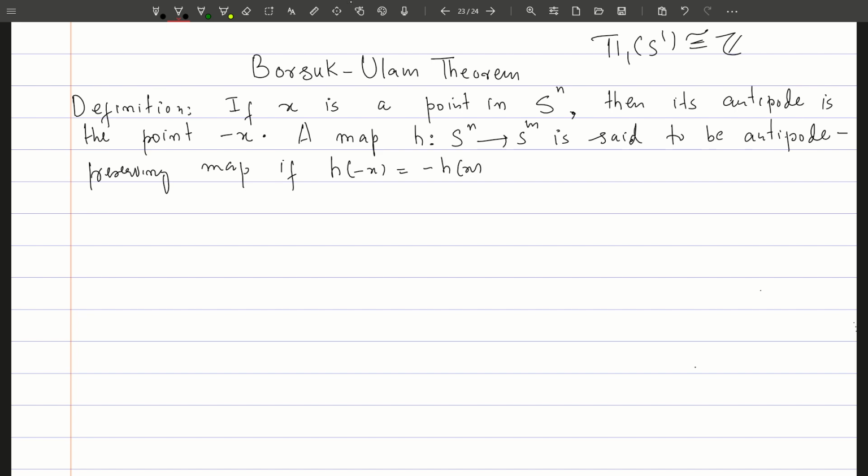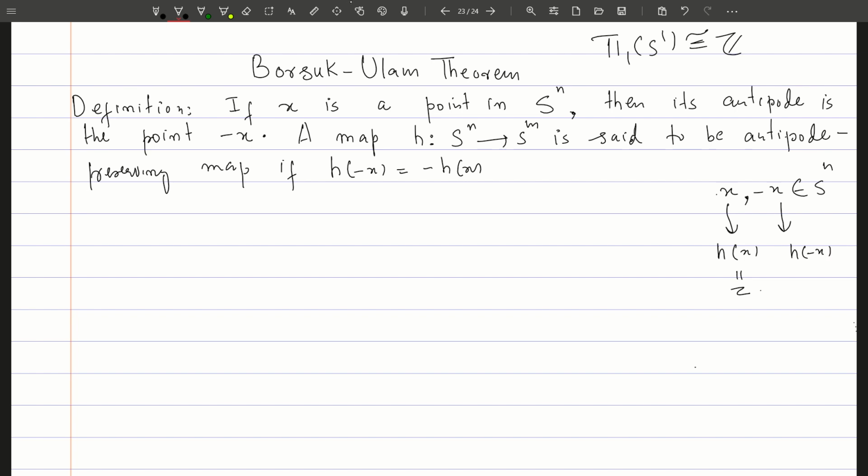Suppose we have two antipodal points, say x and minus x. They are antipodes to each other, so they are in the set Sn. We have to show their images are also antipodal under the antipode preserving map. So under the map, this has the image h of x, say that is equal to z, and this has the image h of minus x.